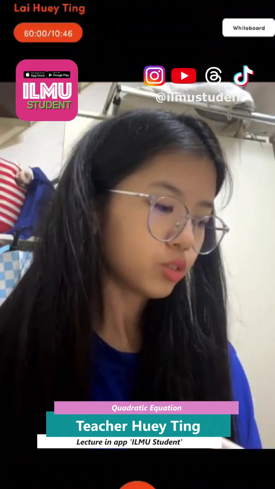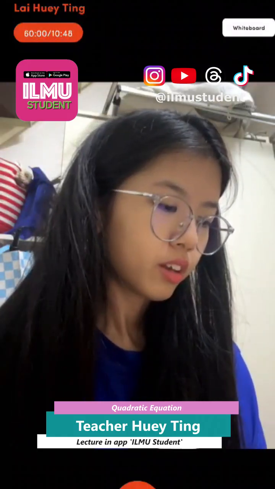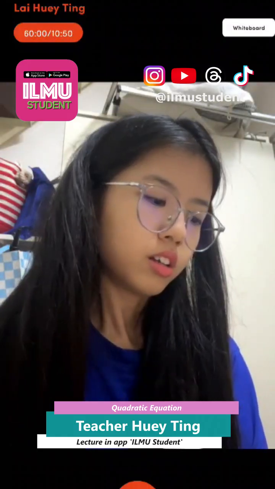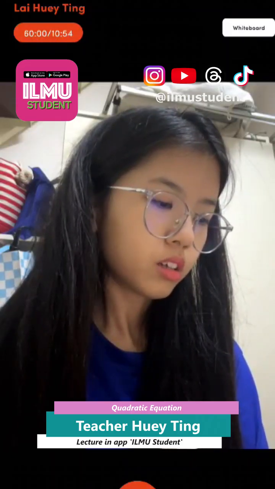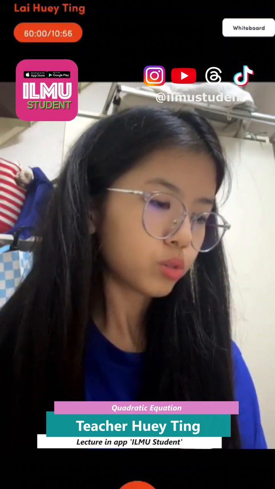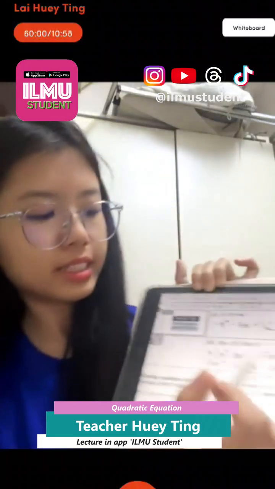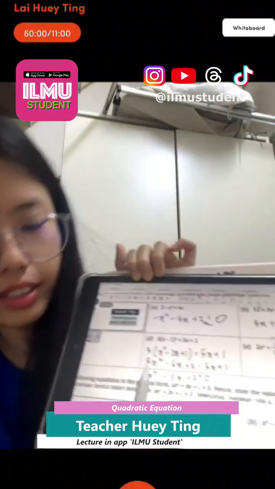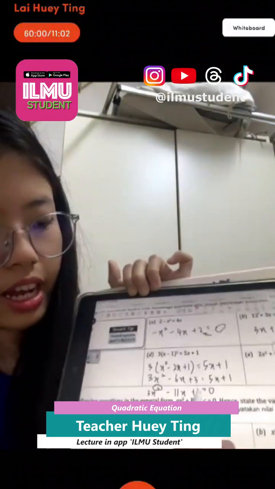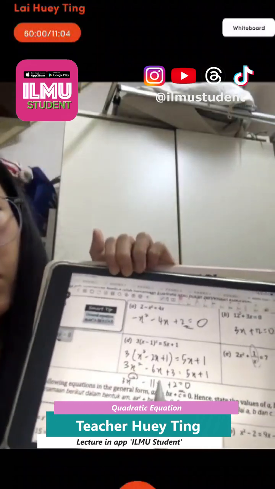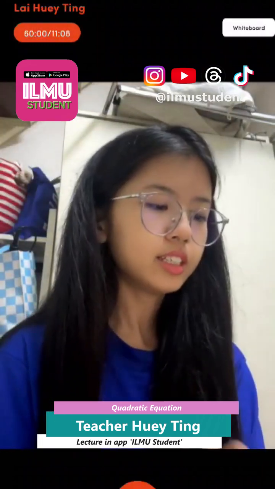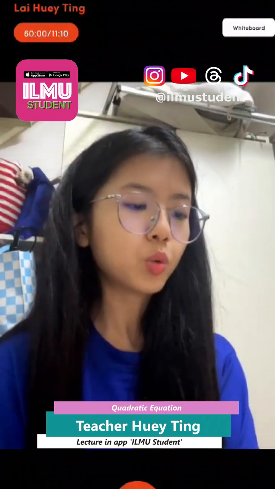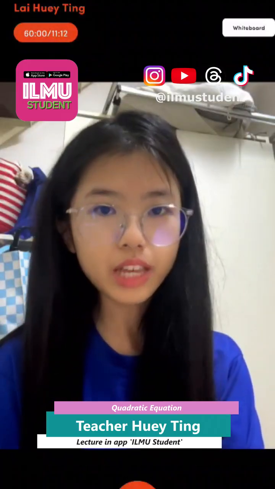Then we arrange it: 3x squared minus 11x plus 2 equal to 0. So we can see that the highest power here is 2, and it has the equal sign, so this is the quadratic equation. And for E, it is 2x squared plus 1 per x equal to 7.